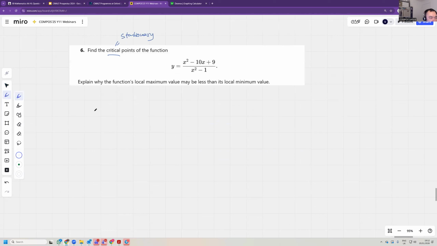So we start by finding the derivative, and to do this we use the quotient rule. Remember that u over v dash is equal to u dash v minus u v dash over v squared.